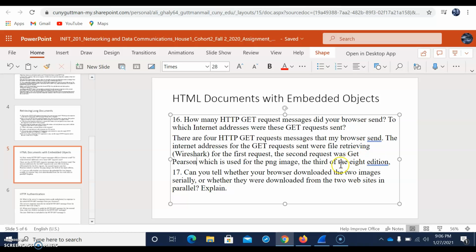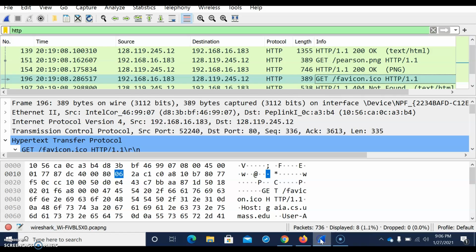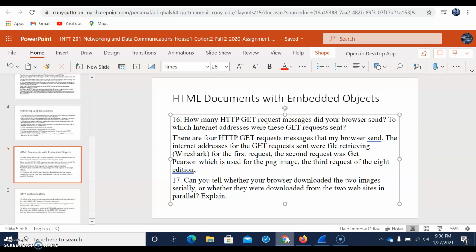The third request was for the, how should I say, the 8th edition cover.